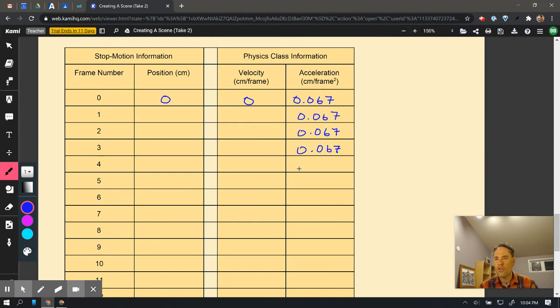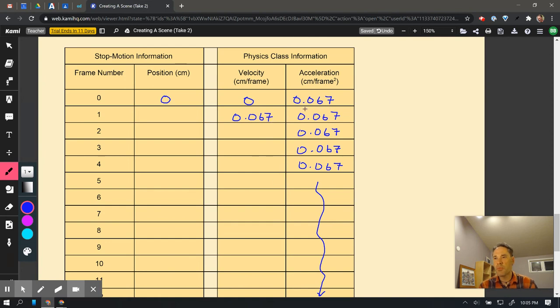All the way down, but this takes a really long time to write. So I'm just going to say that all of these numbers all the way down to frame 15 are the same number, which is how much we speed up every frame. Which means that if we start at 0 centimeters per frame and I speed up by 0.067, then the next number here is 0.067, because I've sped up by 0.067, so now I'm at this velocity.